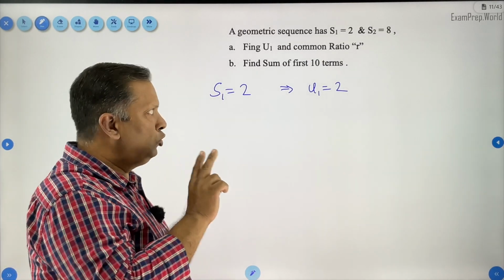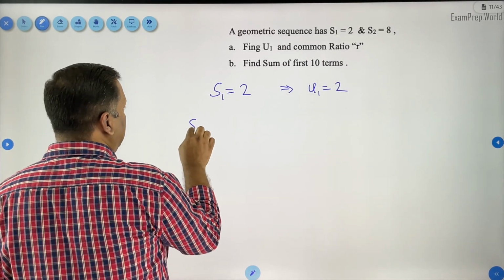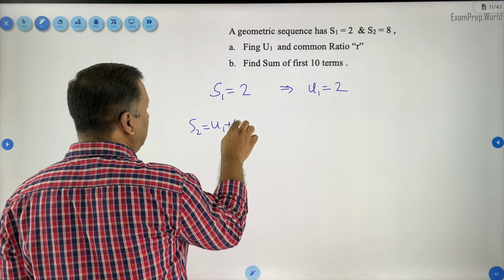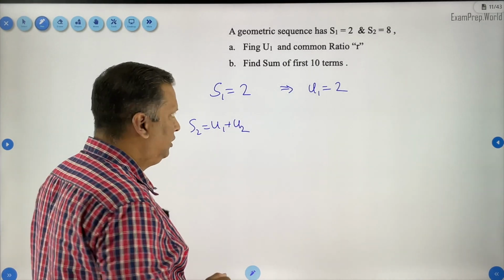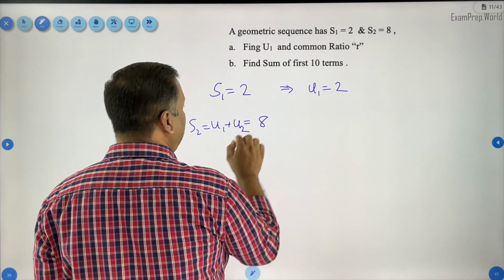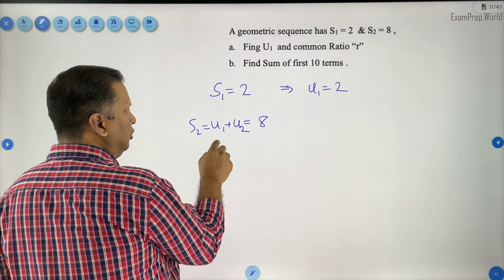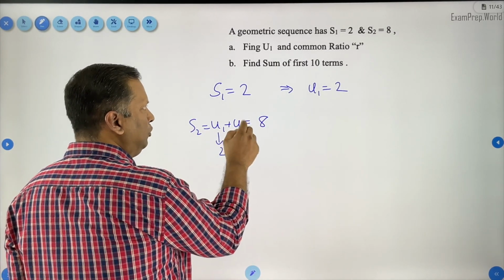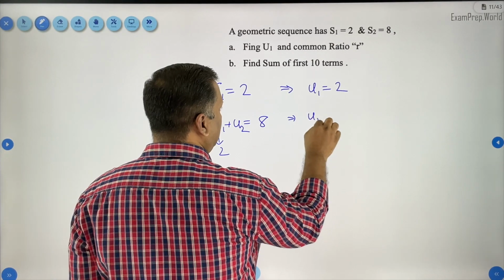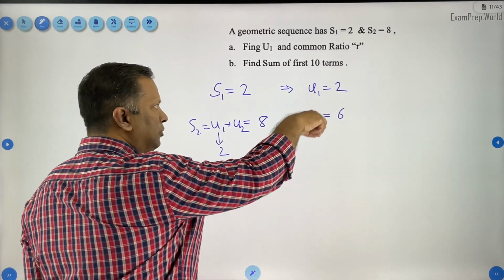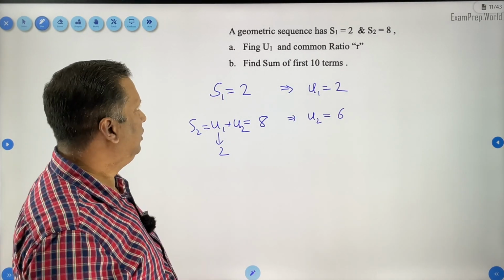And S2 means the sum of the first two terms. S2 is U1 plus U2, which they have given as 8, but U1 is 2. How much will U2 be? That implies U2 is 6. Add them, 8.